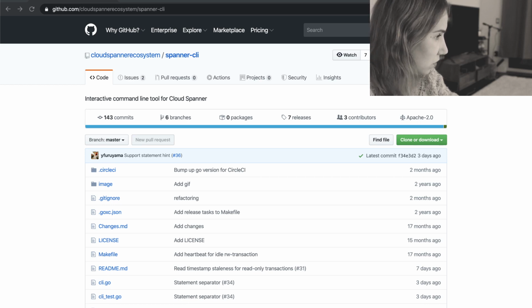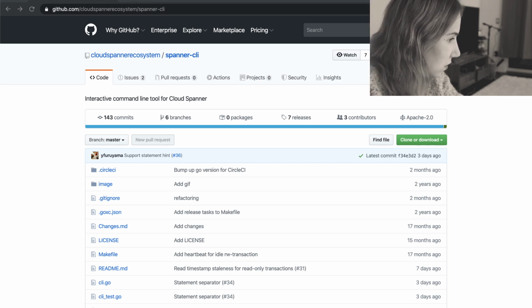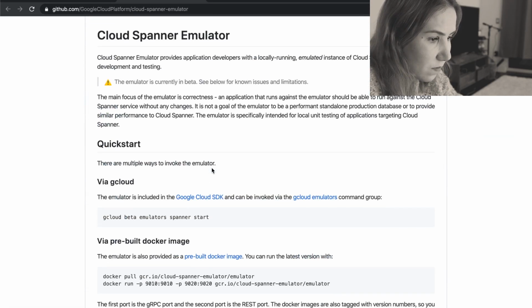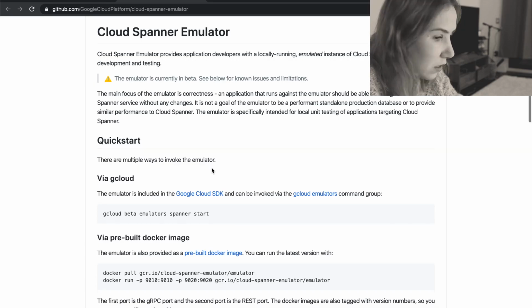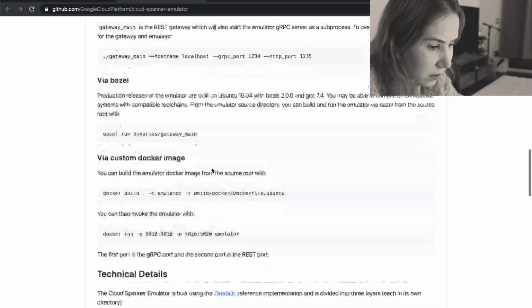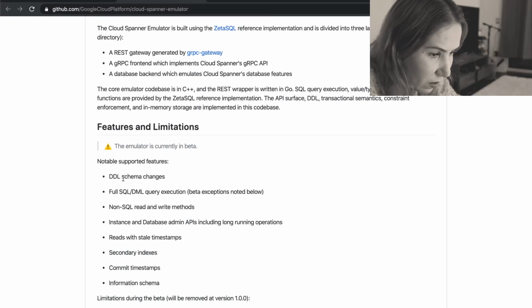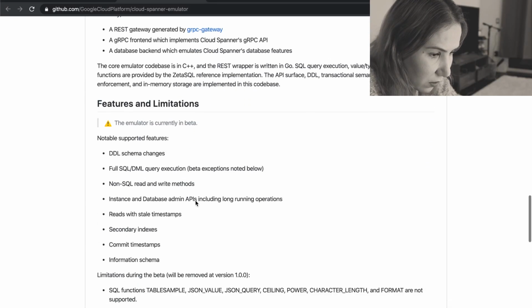My search is so broken. Must be this. And it doesn't do everything. It does DDL.